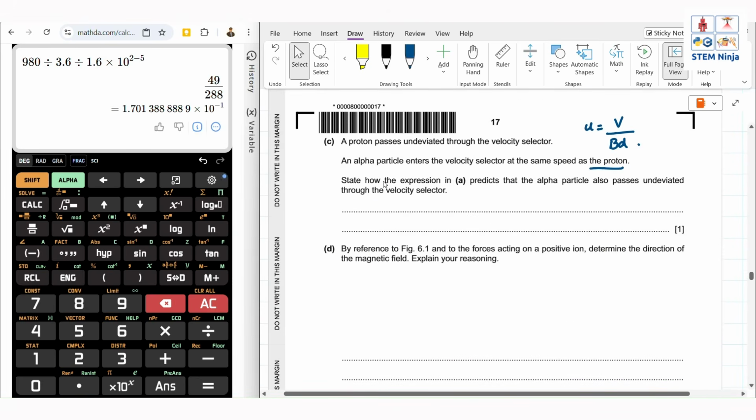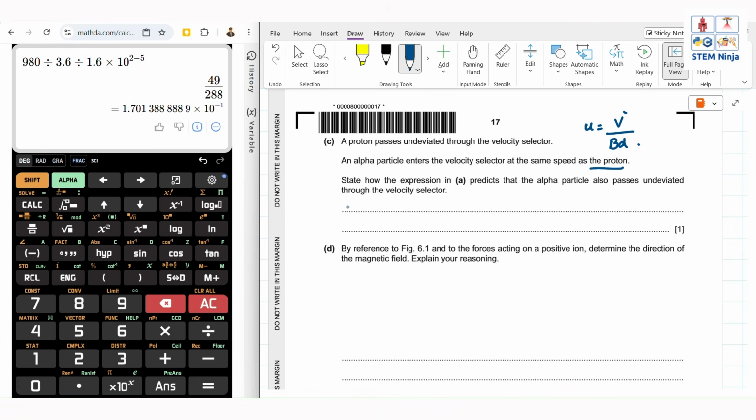As we can see over here, for this relationship for the velocity selector, it is indifferent and does not care about the mass or the size of the charge. It only cares about how much potential difference is across the parallel plates, how strong the magnetic field is, and how much separation of the parallel plates there is.